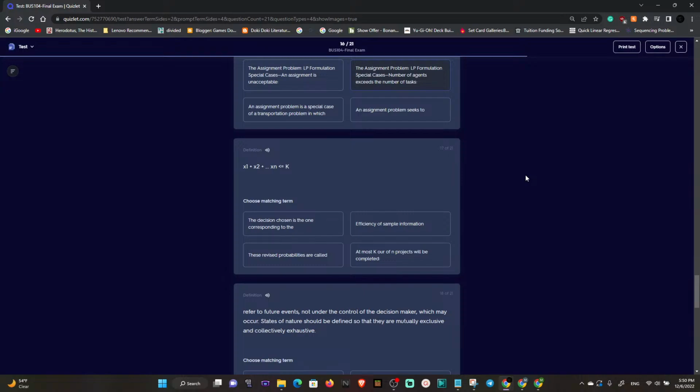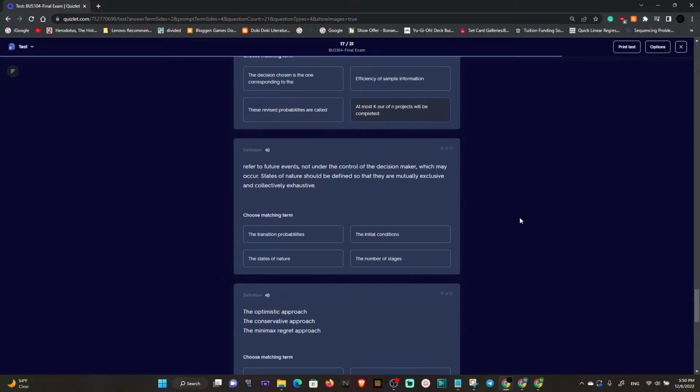X1 plus X2 plus Xn less or equal to K. So K out of N projects will be completed. Refers to the future events not under the control of the decision maker, which may occur. States of nature should be defined so that they are mutually exclusive and collectively exhaustive.